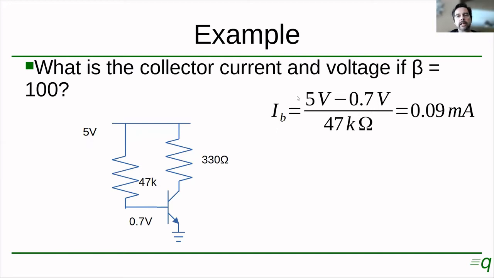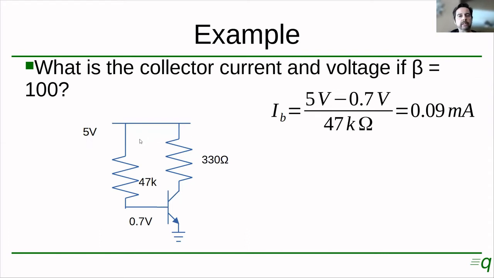So the current through the base is going to be the voltage here, 5 volts, minus the voltage here, 0.7 volts, divided by 47 kilo ohms, and that ends up being 0.09 milliamps.